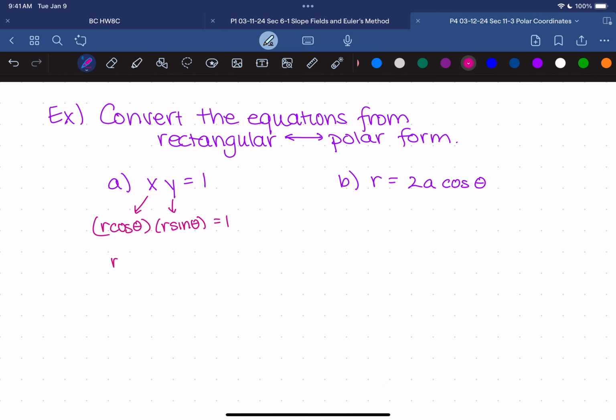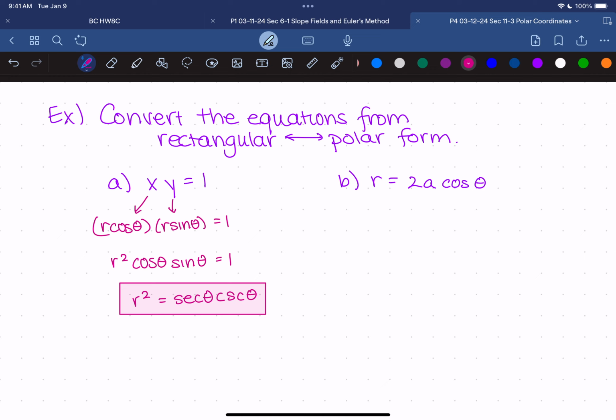Anyway, we have r squared cosine theta sine theta equals 1. So if I divide by cosine theta sine theta, I get r squared is secant theta cosecant theta. And that's good. We'll leave it like that. And there we go.